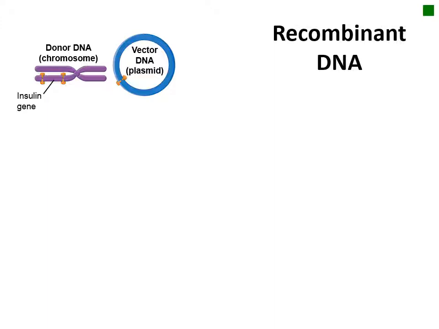The donor segment could be amplified by PCR or cut from a chromosome using restriction enzymes, as seen in this figure. The vector DNA must also be cut with the same restriction enzyme. This generates two separate pieces of DNA with matching sticky ends.